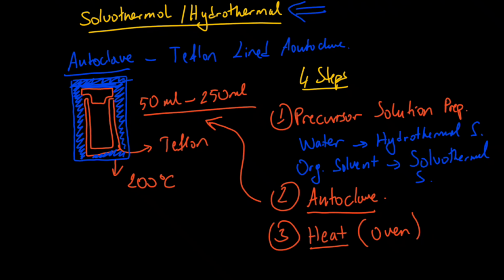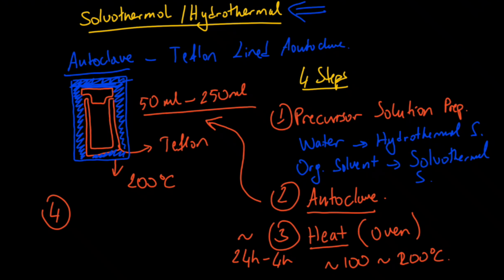This temperature depends on the synthesized nanoparticles, of course, but we prefer to use around 100 to 200 Celsius. So it depends on the condition and of course the material. This process can take around 24 hours to, for instance, 4 hours. It depends on the reaction, of course.